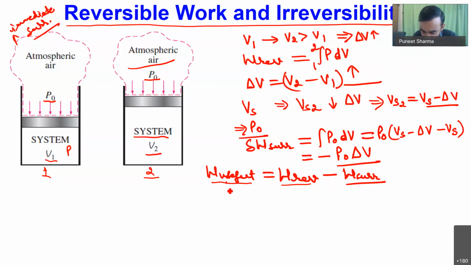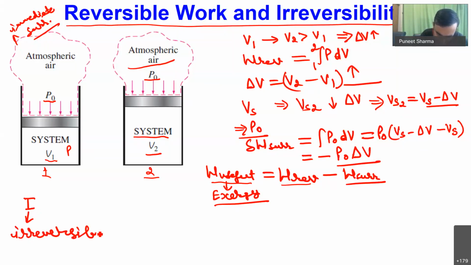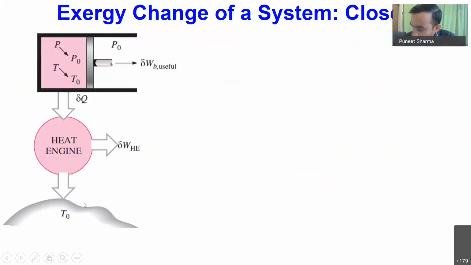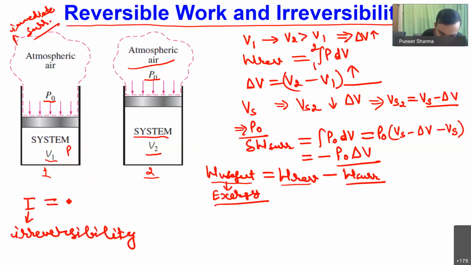So in the case of work transfer, this useful work is the exergy associated with the work transfer. Now if I define one term, irreversibility, the magnitude of irreversibility will be equal to W reversible, the reversible amount of work we have done, minus how much of that is actually useful work.